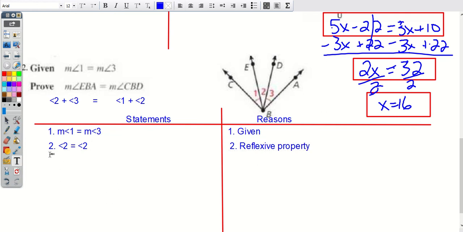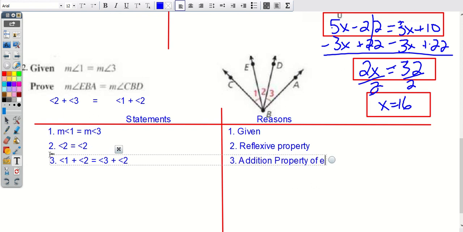And then we can say angle 1 plus angle 2 is equal to angle 3 plus angle 2, which would just be adding 2 to both sides. So that is the addition property of equality.